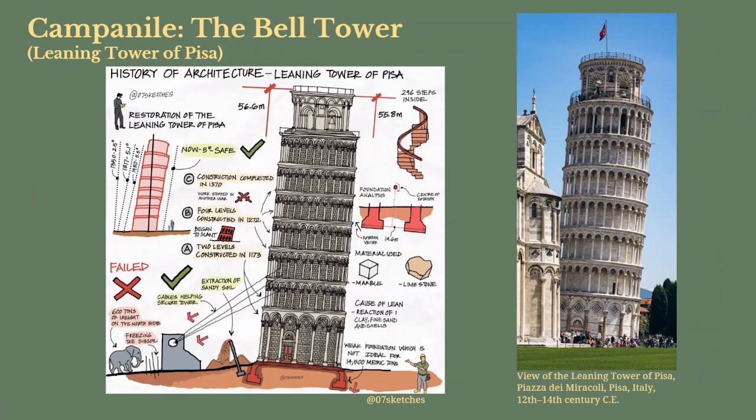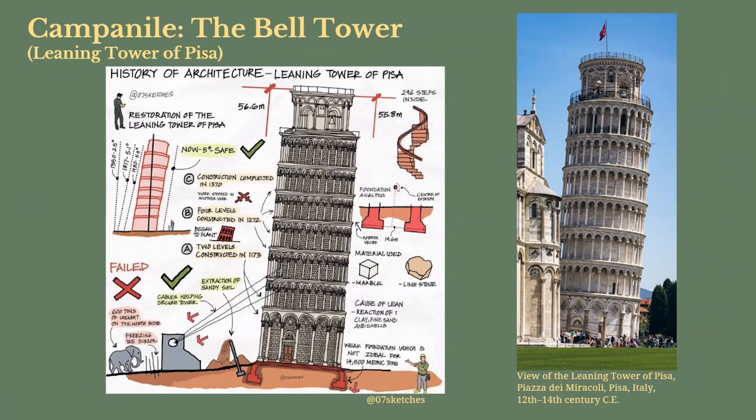Half of its foundation rests on soft silt, while the other half is on firmer clay. This imbalance caused the lean to worsen over time. By the late 1990s, the lean had become quite severe, raising fears of collapse.